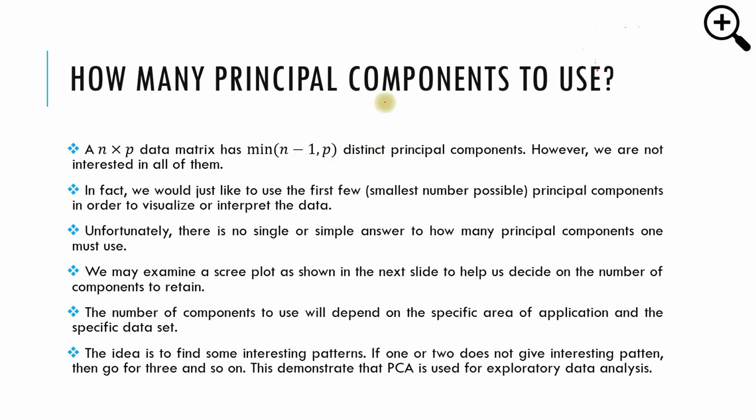Now, how many principal components will you need to use? Let's suppose we are referring to a general case where n is greater than p. Obviously, you would need to have p components. If you have 20 variables, this means you would have 20 principal components.